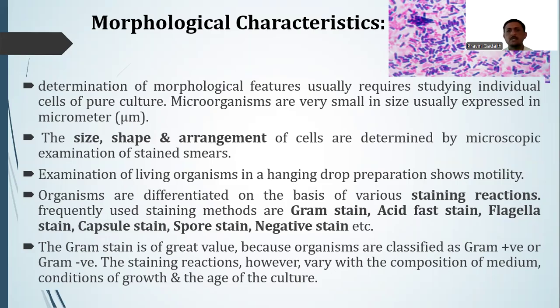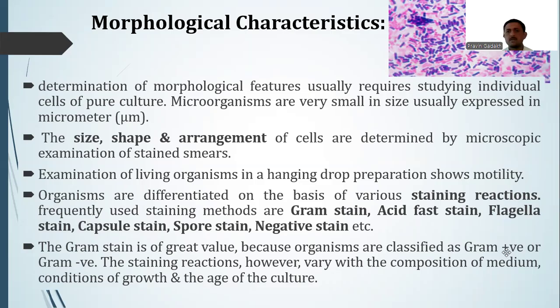We'll discuss the morphological characteristics which are used in the classification of an organism. Determination of morphological features usually requires studying individual cells of a pure culture. So the first requirement for morphological characterization is that we have the organism in pure culture.